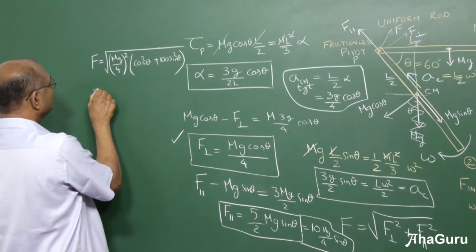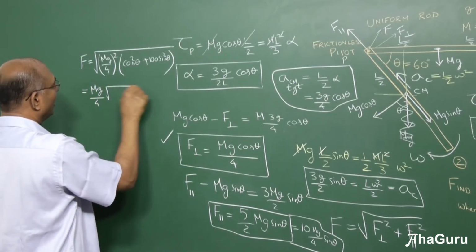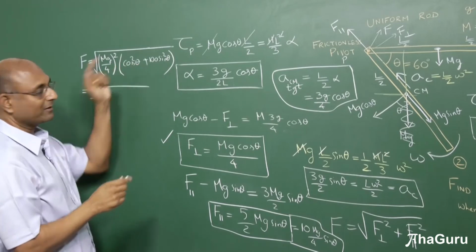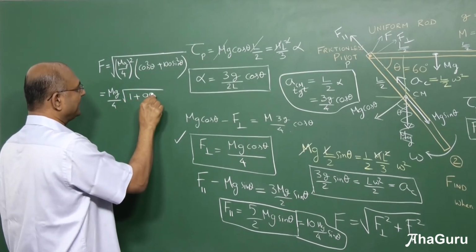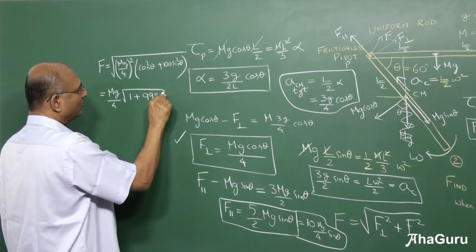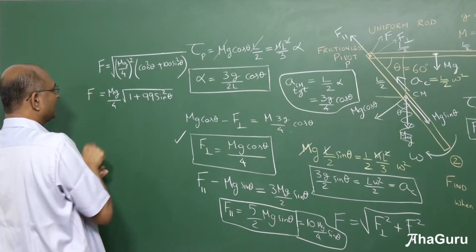Correct? So this is equal to mg by 4 root of, now one cos square and one of the sine square you can combine and make it 1 plus 99 sine square theta. So this is the answer to the question.